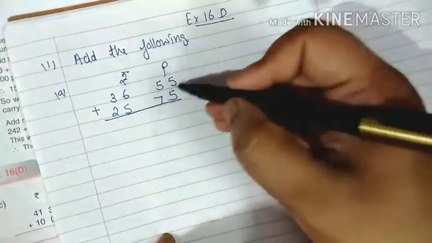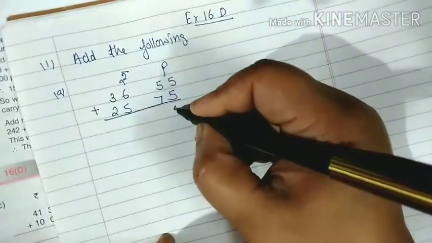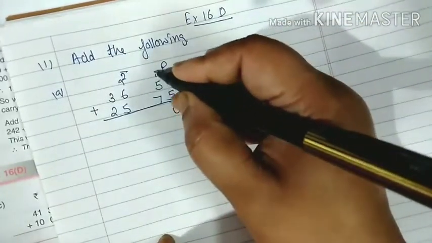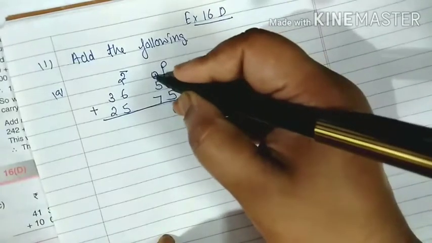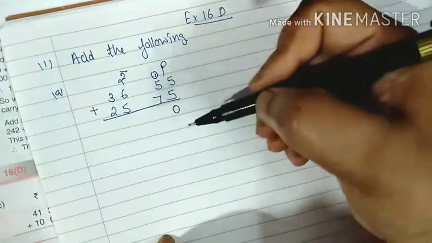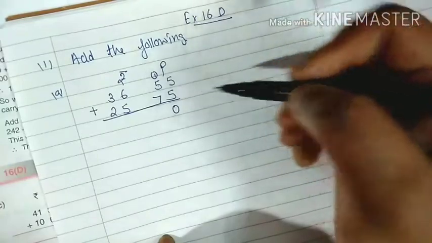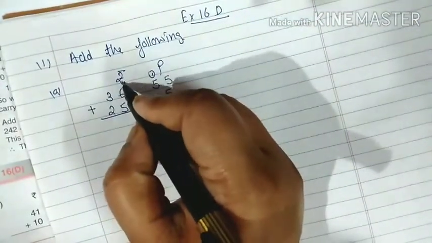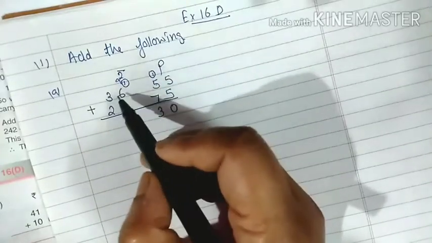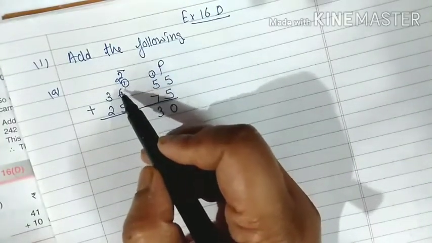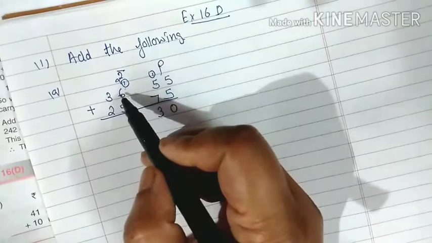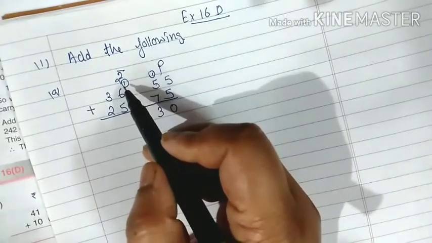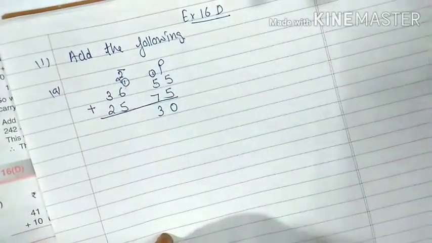Now 5 plus 5, 10, so just write 0 here, carry 1, 5 plus 1, 6, 6 plus 7, 13. So you have to write 3 here and 1 will carry here. Okay, 1 will go just above the 6, so it will be added to 6. 6 plus 1, 7, 7 plus 5, that is equal to 12.